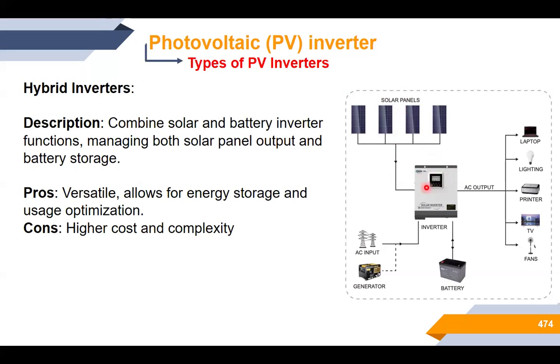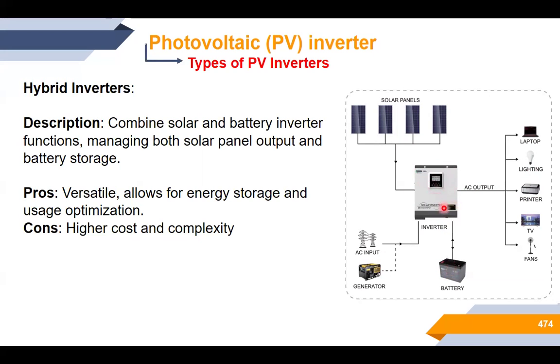We have the hybrid inverter, which converts the current produced by the panels, which is of course DC current. This current is converted to AC, which can be used, for example, to supply different components like laptops, lighting, etc., and also to charge the batteries.